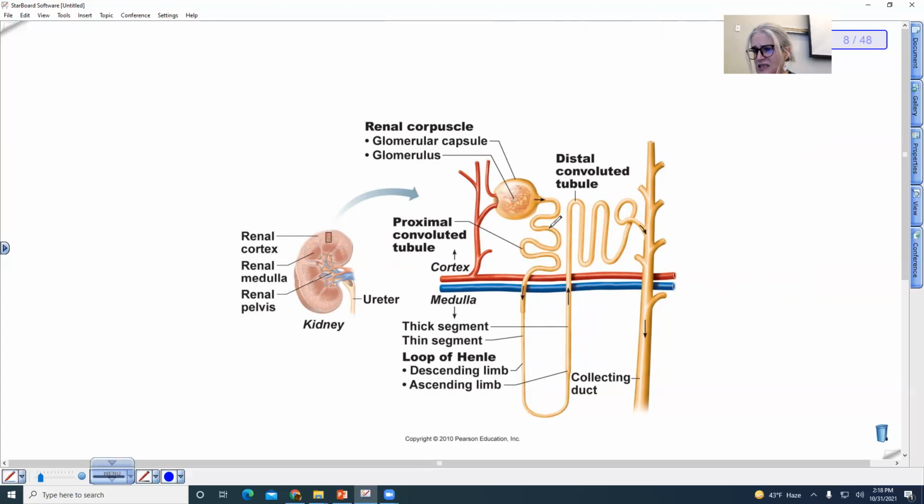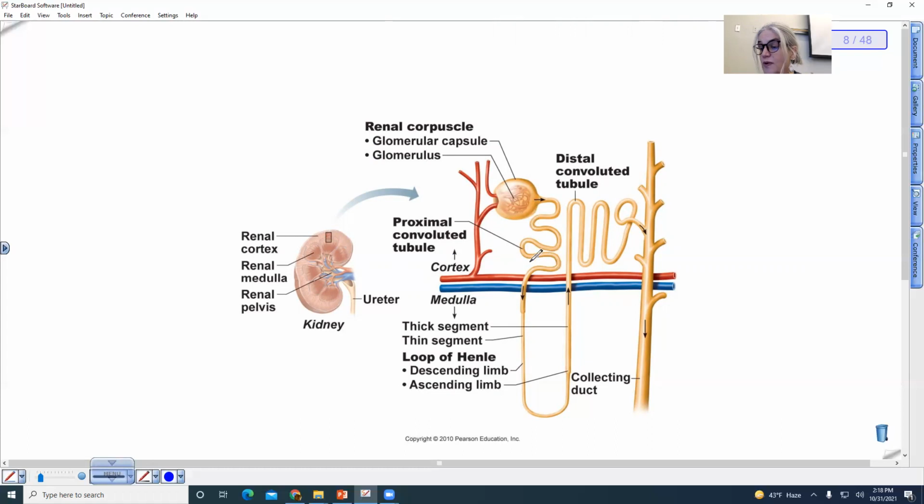Notice that it's convoluted, meaning that it kind of goes like this. And proximal means that it is closest to the glomerulus. So the first part of my renal tubule before the loop of Henle is always going to be the proximal convoluted tubule.